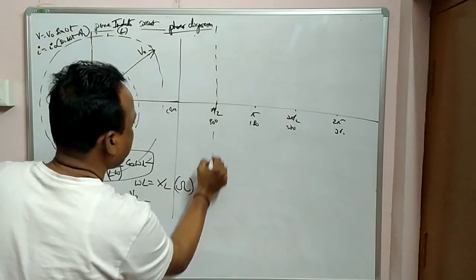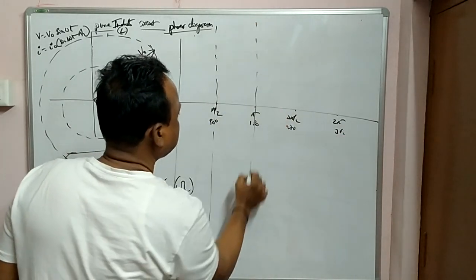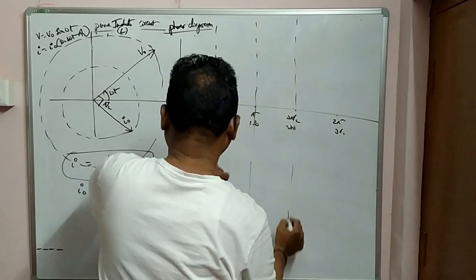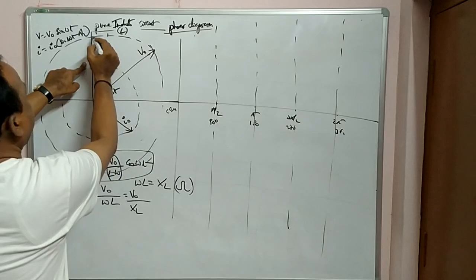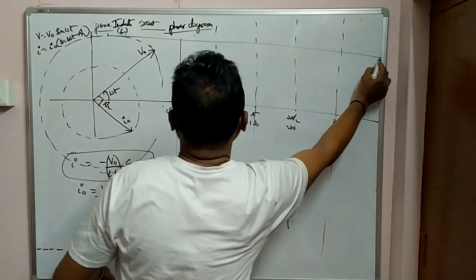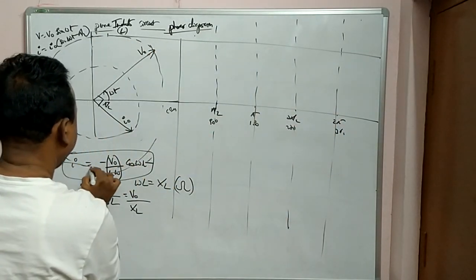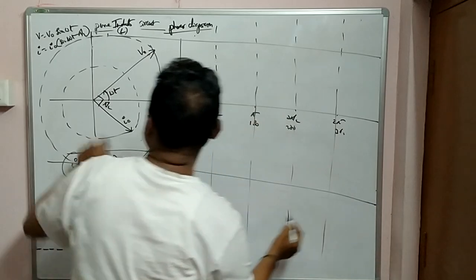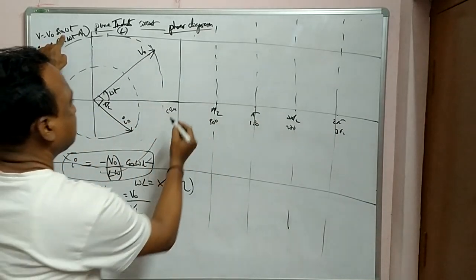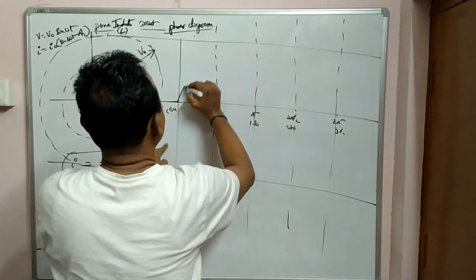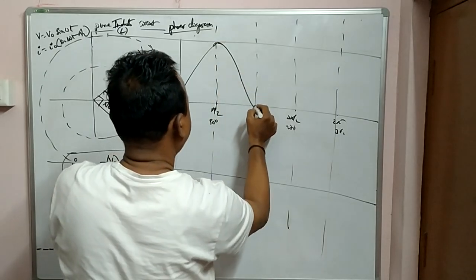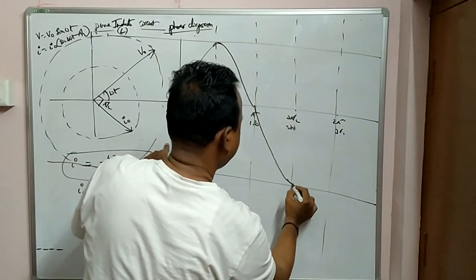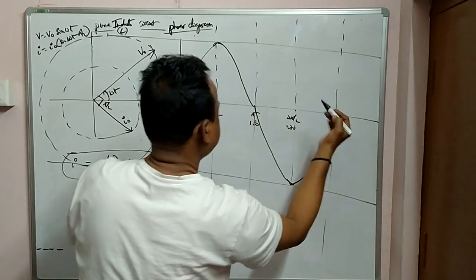Again the same thing, graphs. Clear? So again there is a maximum value for voltage. Put the value sin 0, same as before. Maximum, minimum, maximum, at 270 again a negative value, and at 360 it is 0 again.